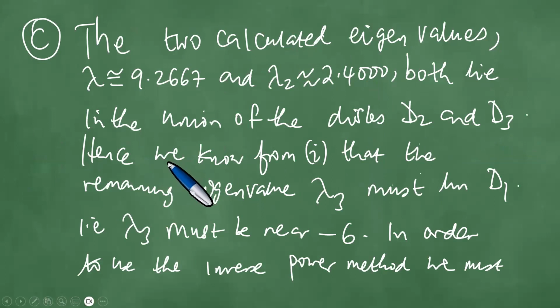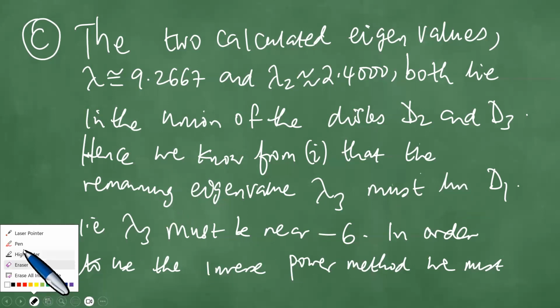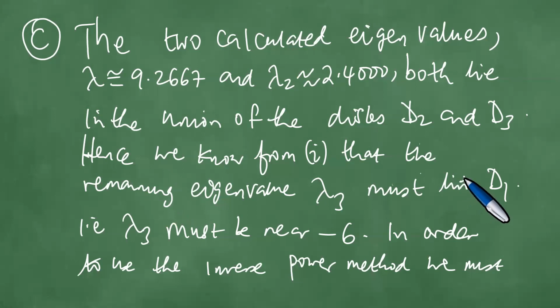Hence, we know from Roman figure 1, a discussion that I've just included now, that the remaining eigenvalue must lie in D1. That is, lambda 3 must be near minus 6.